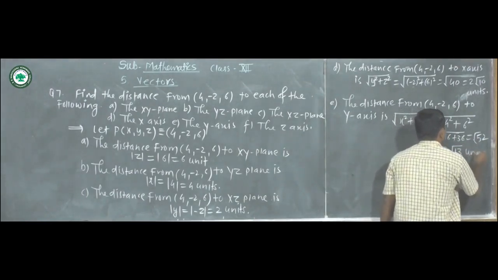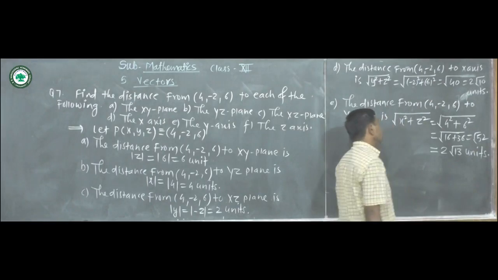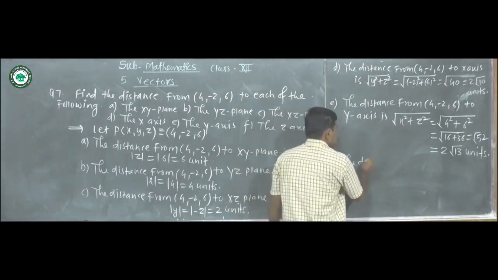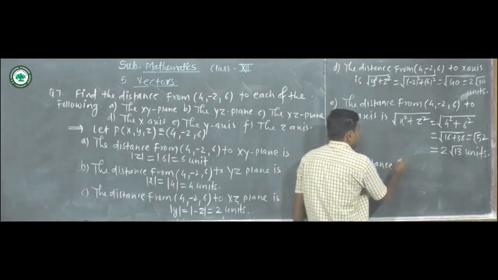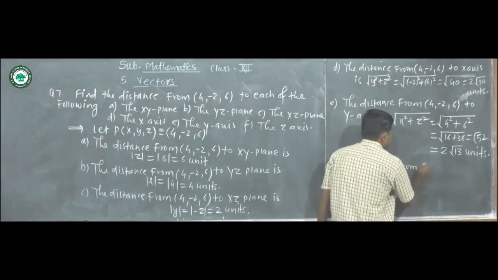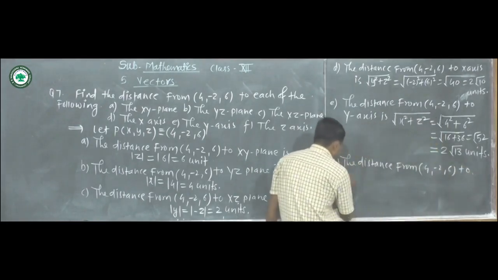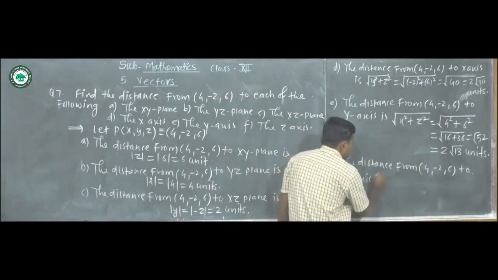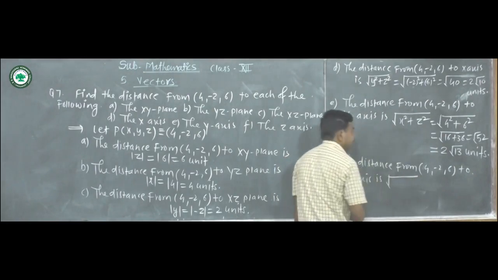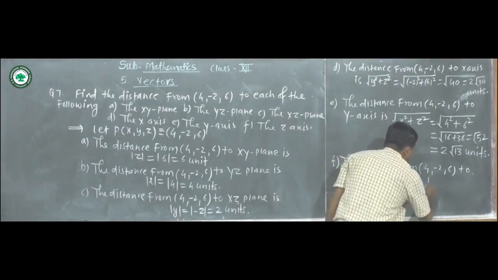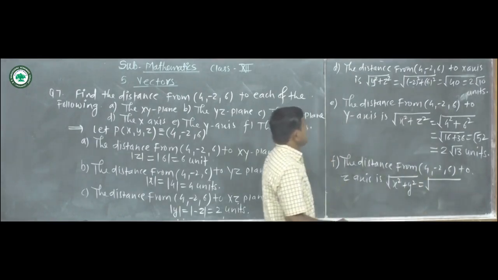13 units. F. The distance from (4, -2, 6) to the z-axis is the square root of x squared plus y squared, and it is equal to the square root of... what is the x coordinate?